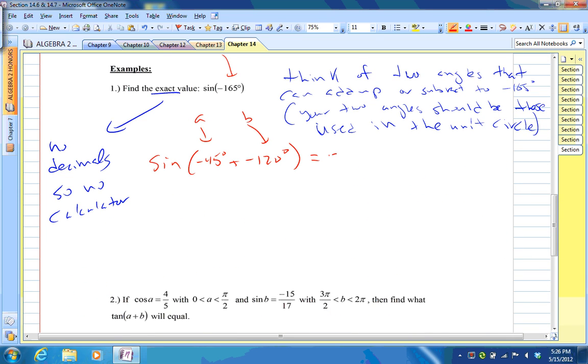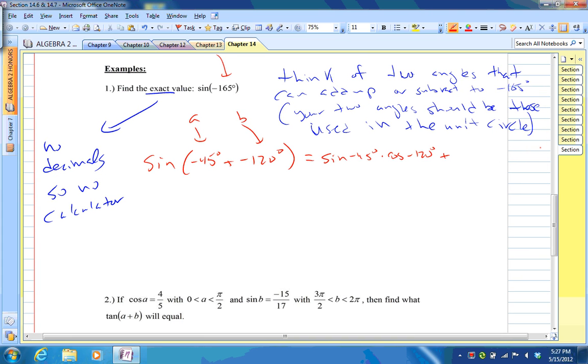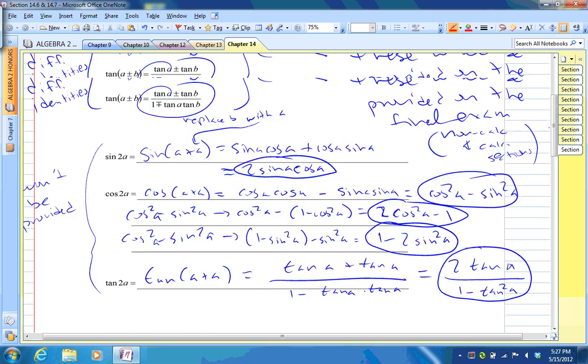So sine of negative 45 degrees times cosine of negative 120 degrees plus sine of negative 120 degrees times cosine of negative 45 degrees. Or actually, let me do it in the proper order that we have in the formula. Cosine of negative 45 degrees times sine negative 120 degrees. Just so that I don't confuse you guys.